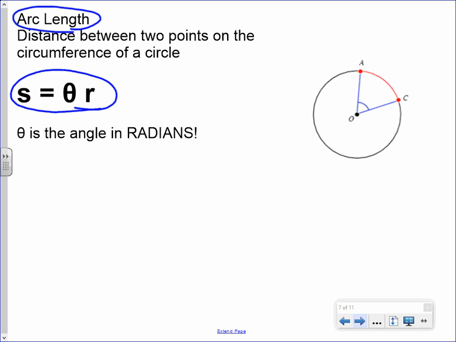So we're talking about the arc length, the distance along the circumference of that sector. It is so important that theta is in radians. If theta is not in radians, this formula will not work.